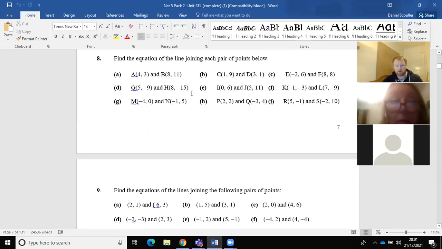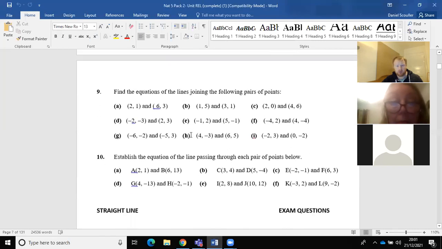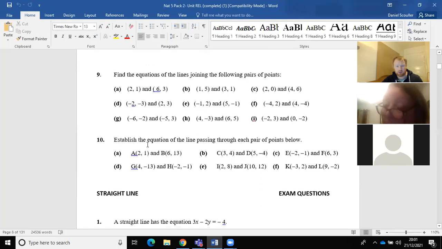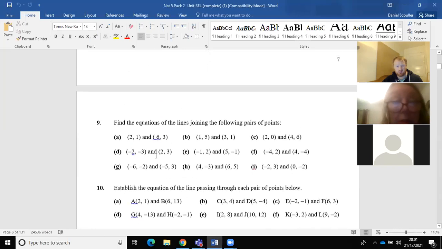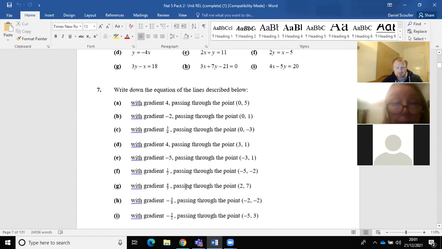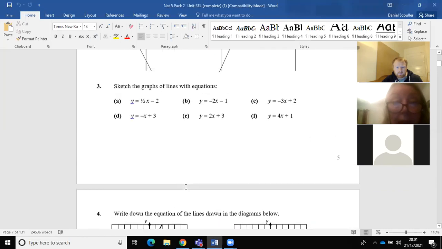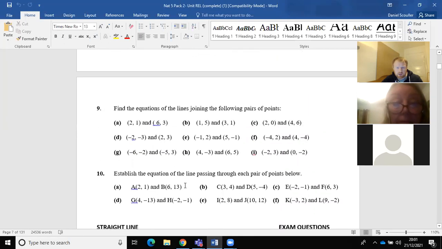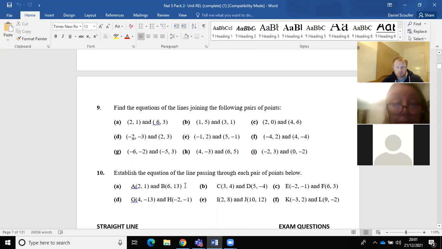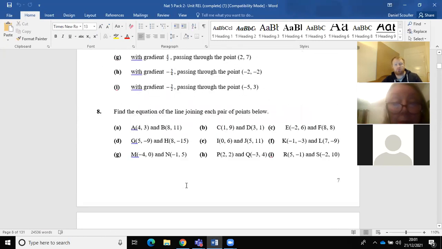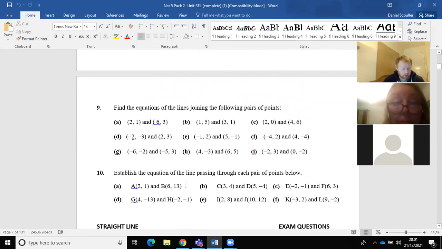That will give you some practice questions on finding the equations of lines. Questions 8, 9, and 10 look pretty similar. In your own time, try a few of them.